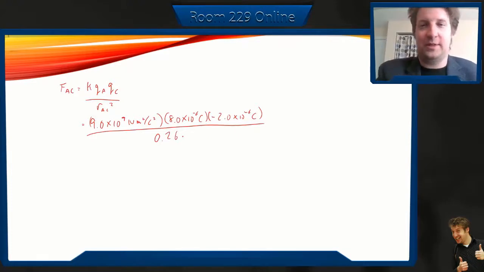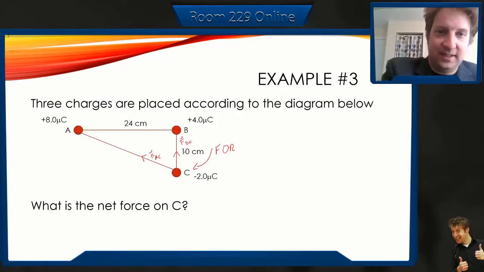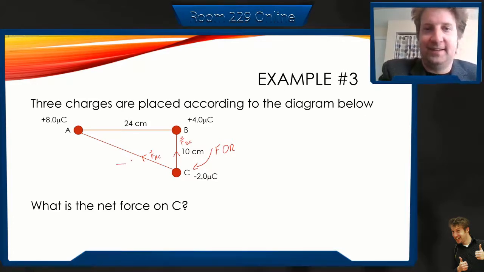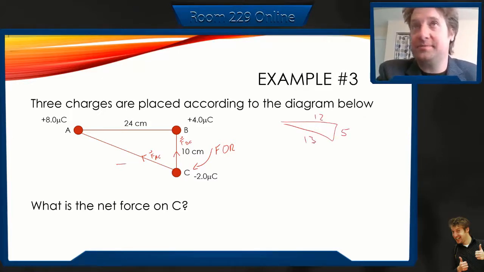Now, where did I get 26 from? Anybody see? 10, 24. You guys ever seen the 5, 12, and 13 triangle? Well, this is one of these Pythagorean triples. And if I multiply everything times 2, 5 times 2 is 10. You don't believe me? Okay, so 5 squared plus 12 squared is equal to 13 squared.